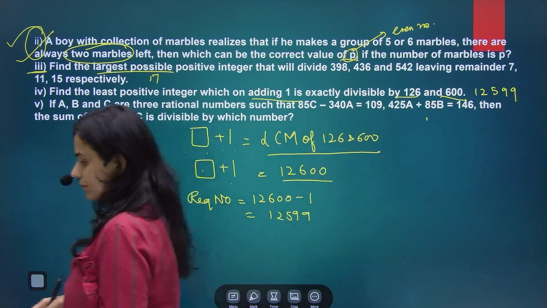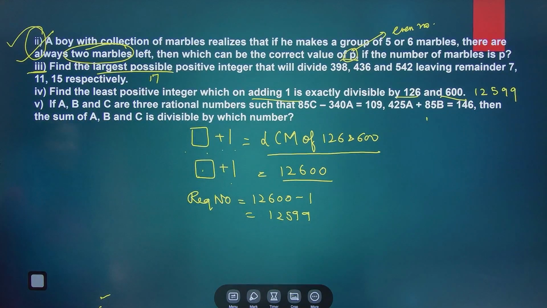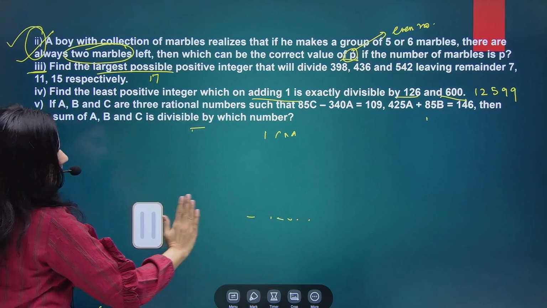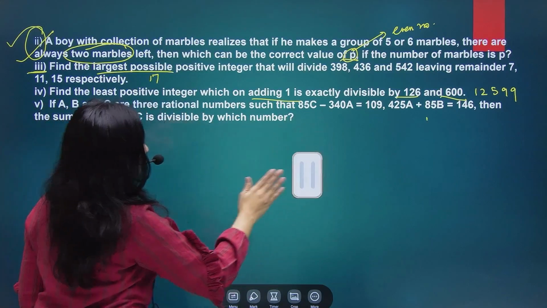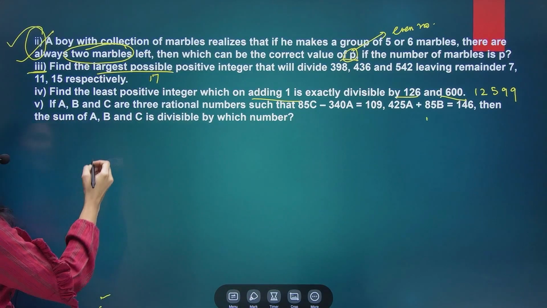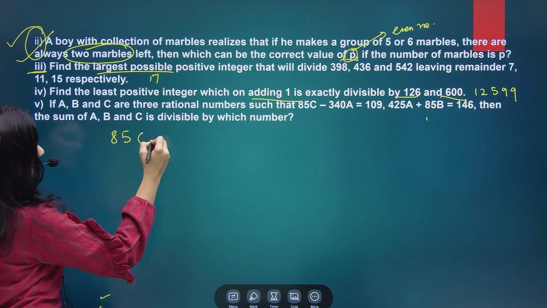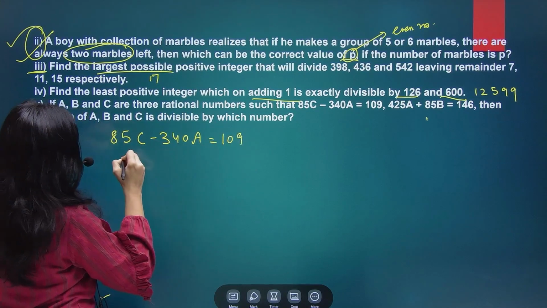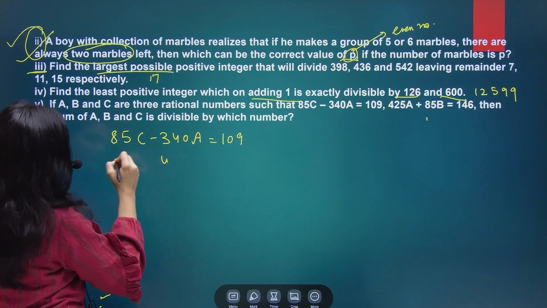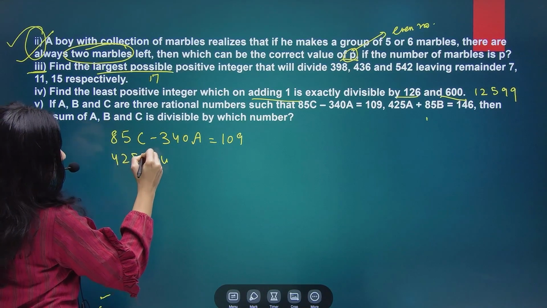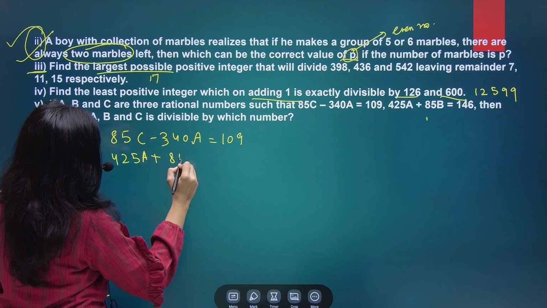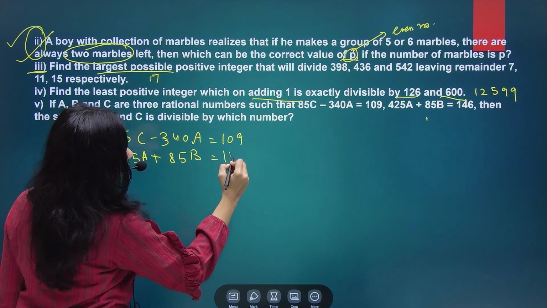Fifth part. A, B, C are three rational numbers such that 85C minus 340A is going to be 109, and 425A plus 85B is going to be 146.